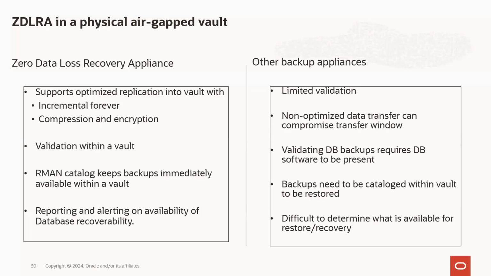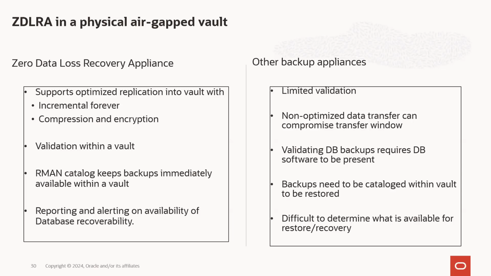So the problem with other backup appliances is that they do limited validation. The only way to validate the same way is to do a restore validate of the backups. The non-optimized data transfer, as I said, is compression and encryption, and incremental forever is, you have to pick two of those, but it's really hard to do them all like the recovery appliance does.